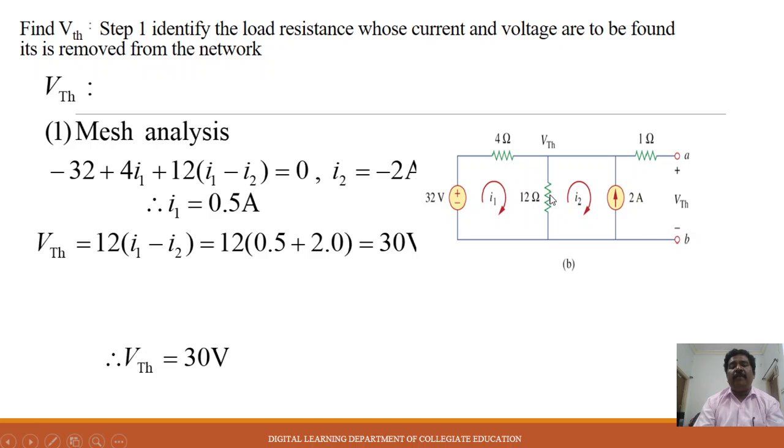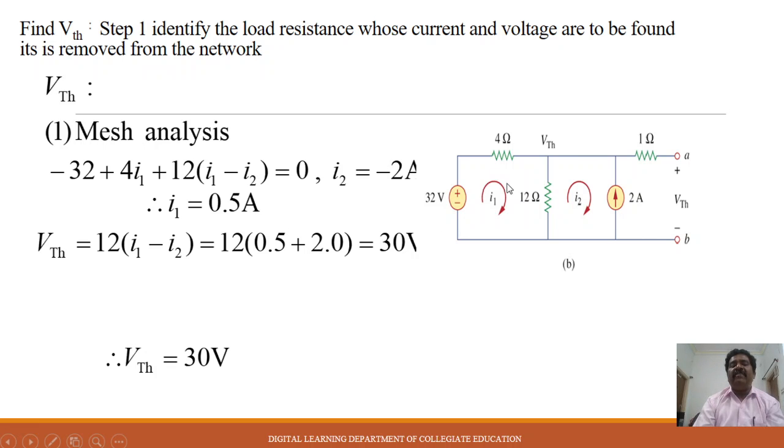So 12 I1 minus 12 I2 equals 0. By applying KVL, we can calculate the value of I1. In the circuit, I2 is already given as 2 amperes. If we substitute 2 amperes in this equation, we get I1 equal to 0.5 ampere.